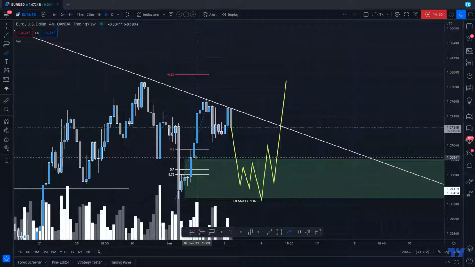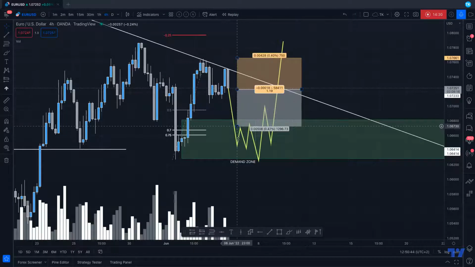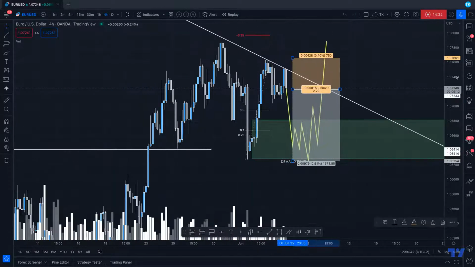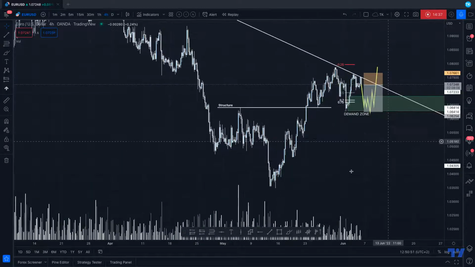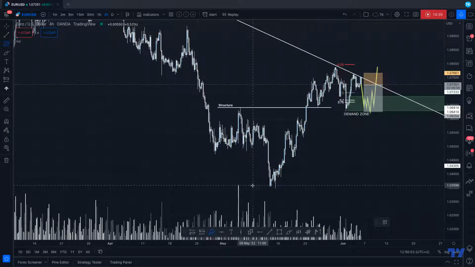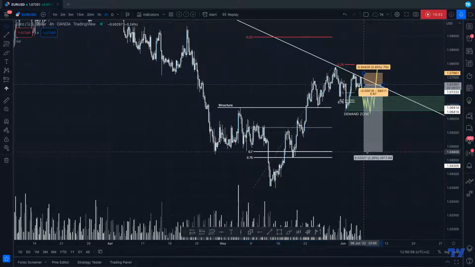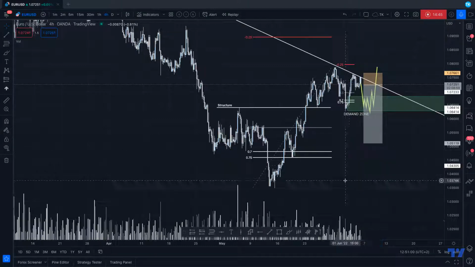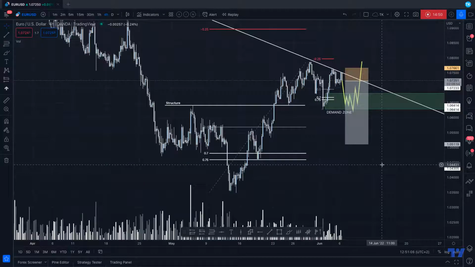Everything is in confluence. So in this case the trade could be this one, with a target that is going to reach this level, with a 5 risk reward, which is not good.